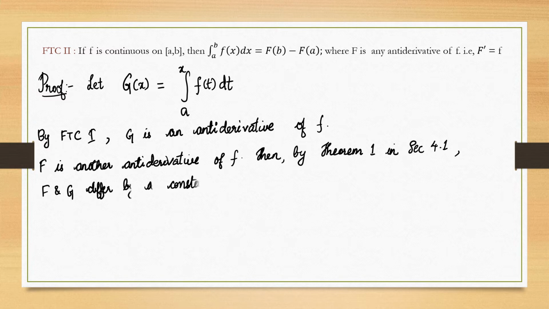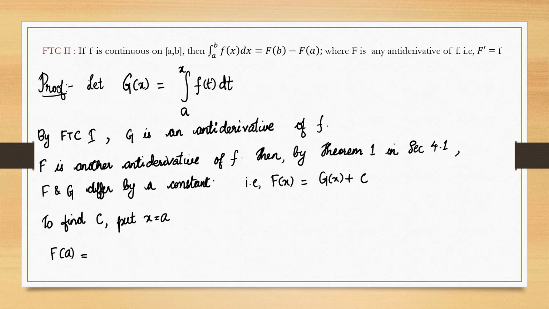So here F and g differ by a constant, hence we can express F(x) as g(x) plus some constant c. Now in order to find c, we put x equal to a in the above equation and we obtain F(a) equal to g(a) plus c.